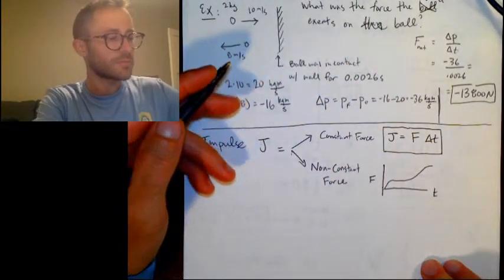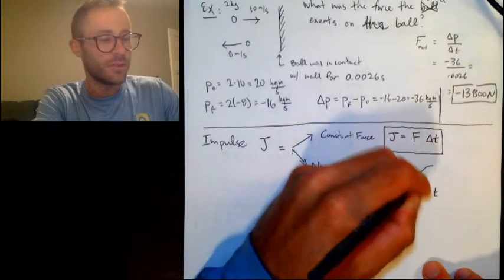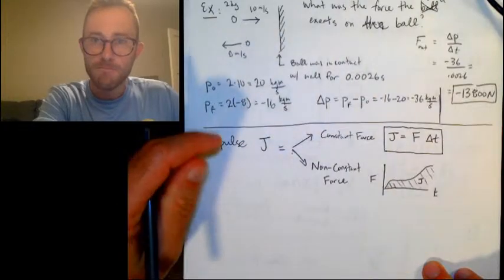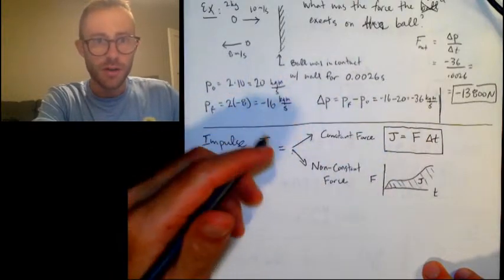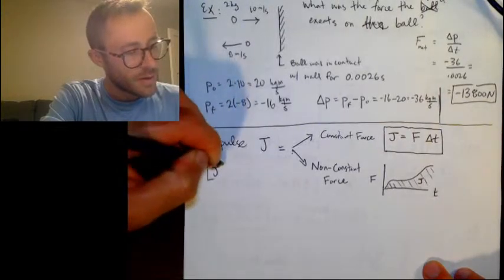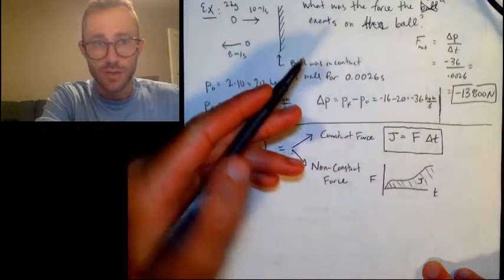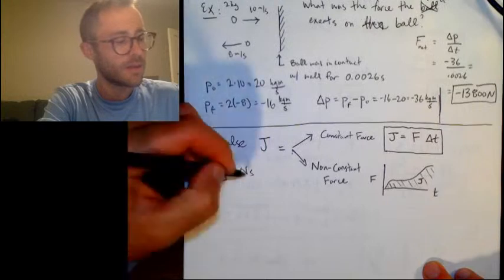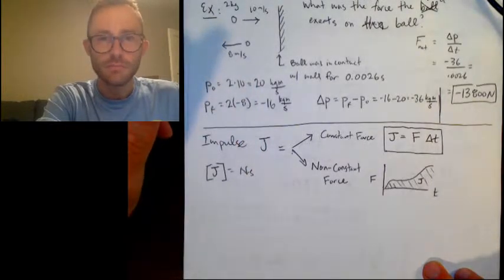And the area under the curve of that graph is going to be impulse. All right? So you might encounter either of these. The units of impulse are force times time. So that is newtons times seconds. So Newton seconds. N times S. All right.